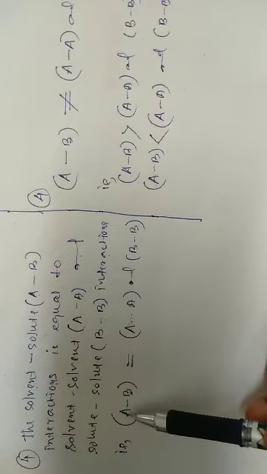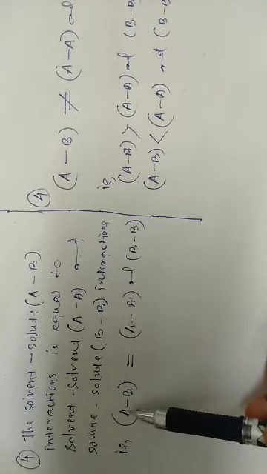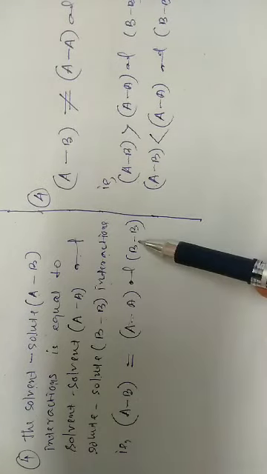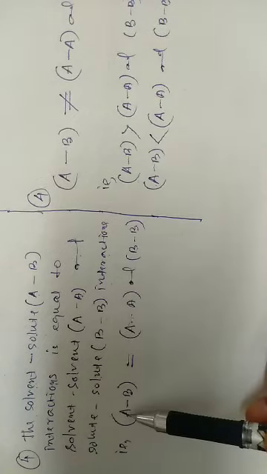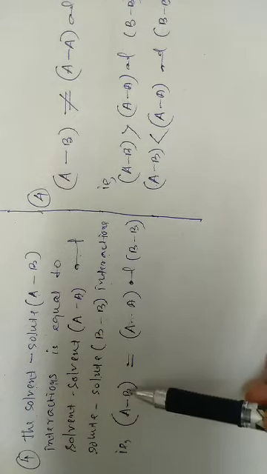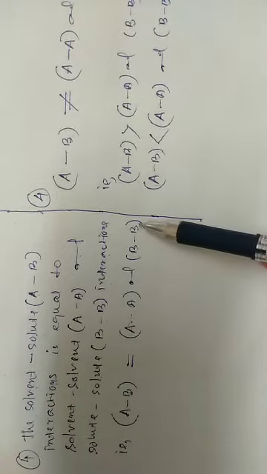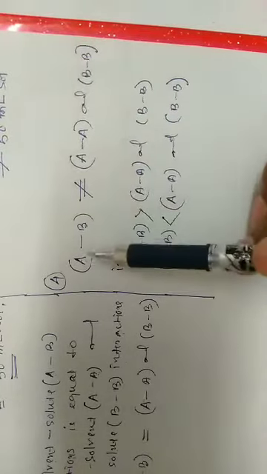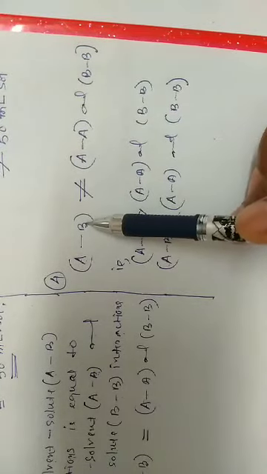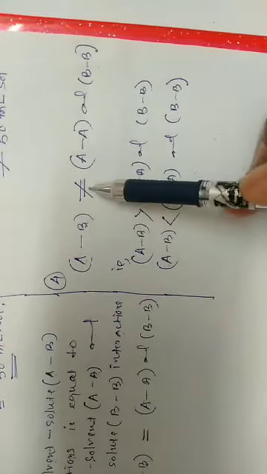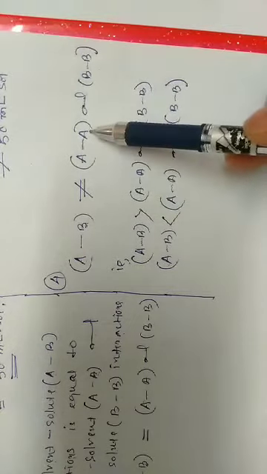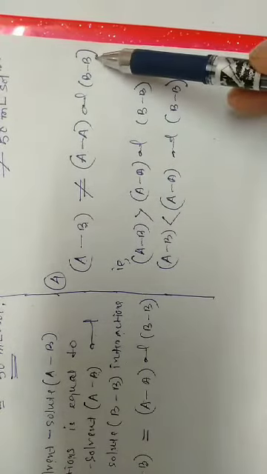But when an ideal solution is prepared by the mixing of two liquid components, then in the solution solvent-solute interaction is equal to solvent-solvent and solute-solute interaction. But in a non-ideal solution, solvent-solute interactions in the solution are not equal to solvent-solvent and solute-solute interaction.